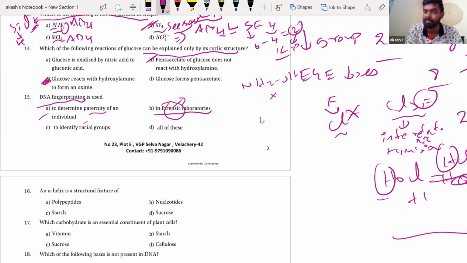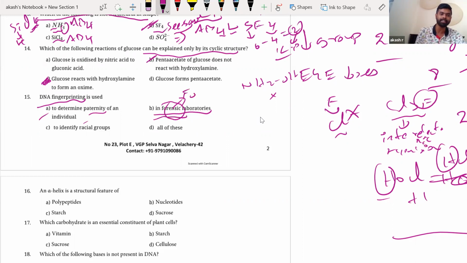How can you analyze who the culprit or murderer is? Say in the murder scene some hair is found. That hair will be taken as a sample, put in a polythene cover, and taken for DNA analysis. The hair has your DNA, so that DNA can be matched with a person, and the culprit can easily be found out.